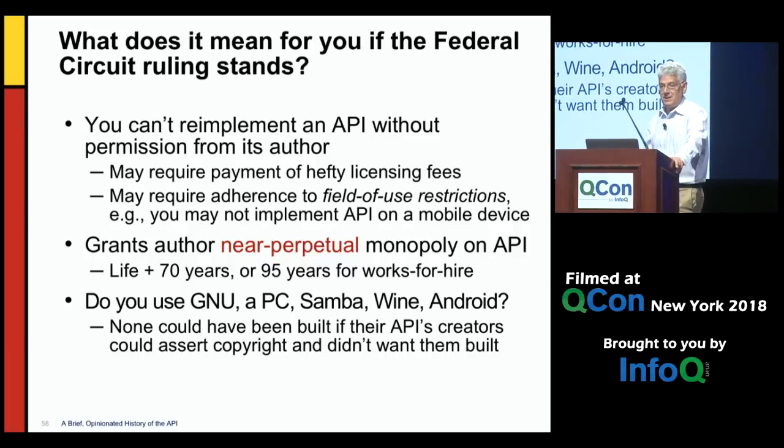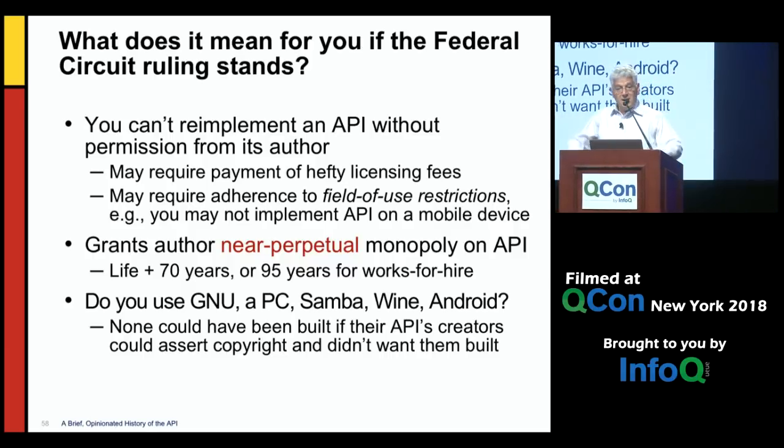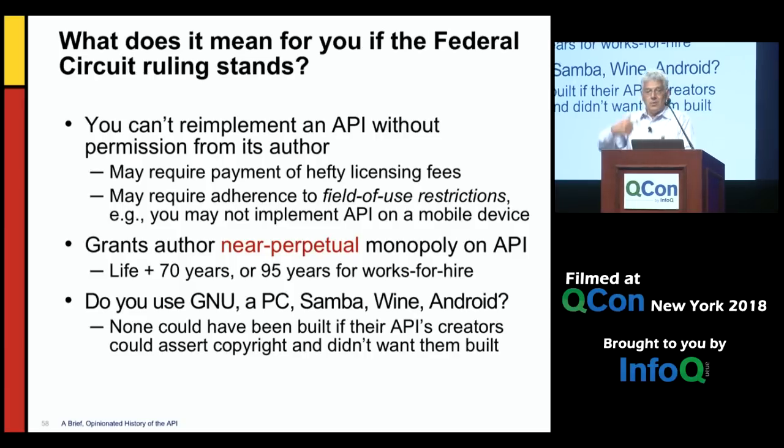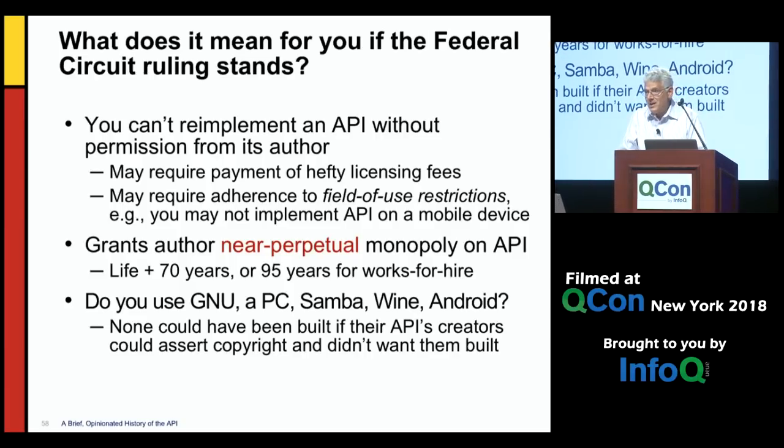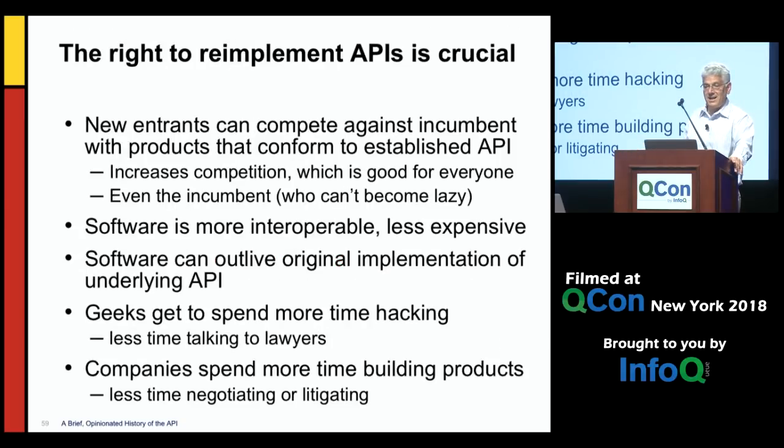You've got a monopoly. Do any of you use GNU or a PC or Samba or Wine or Android? Sure you do. Probably you use most of these things. Well, none of them could have been written without the freedom to re-implement APIs. So that's the stakes here. The stakes are awfully high. The right to re-implement APIs is crucial.